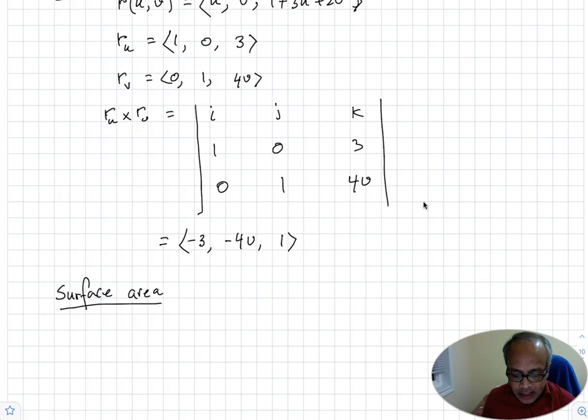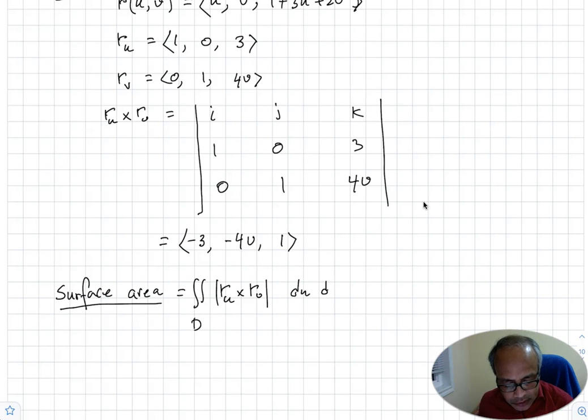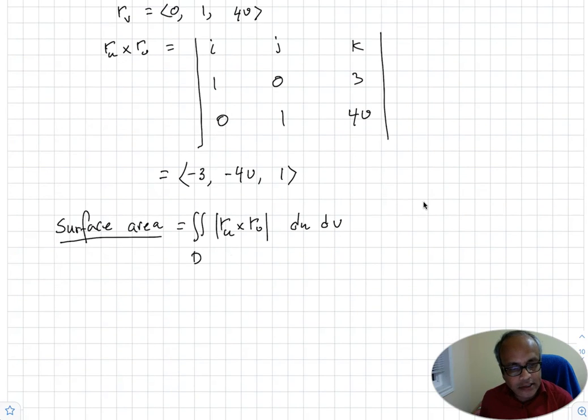Then you look at the normal vector r sub u cross r sub v, take its magnitude, and then integrate it in the parameter domain with respect to u and with respect to v. The result will be your surface area.